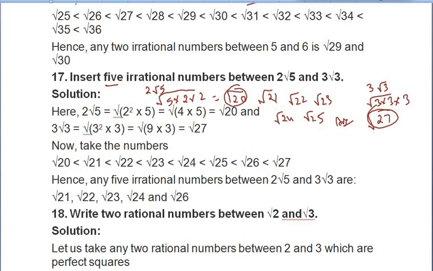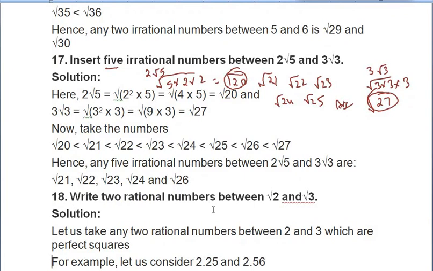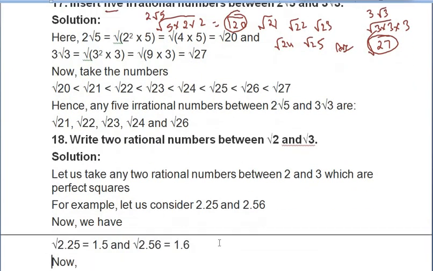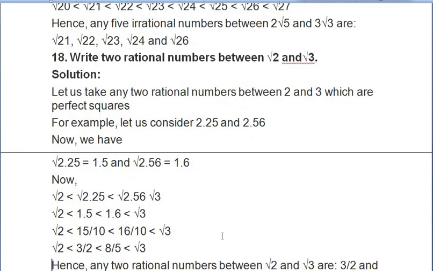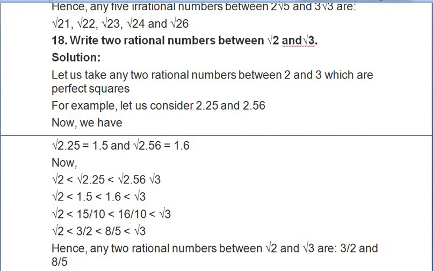Look here, we know that suppose under root 2 and under root 3 is written. Suppose this is 2.00 and suppose this is 3.00. So there can be numbers from 2.00 to 3.00, like 2.01, 2.02.